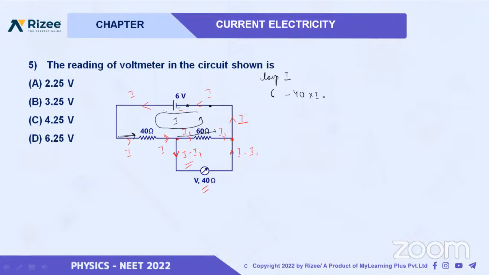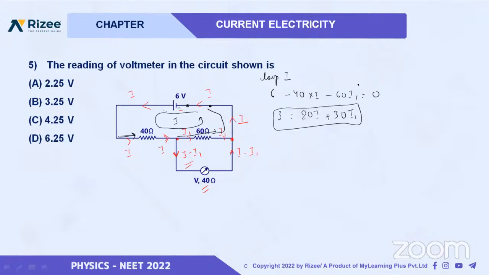Again in the direction of current, we will say minus 60 into I1. Gone here, no resistance, we reached the start. This is equal to 0. We can rearrange it. I take 2 common, and it will come to 3 equals 20I minus 30I1, that is, 20I plus 30I1.